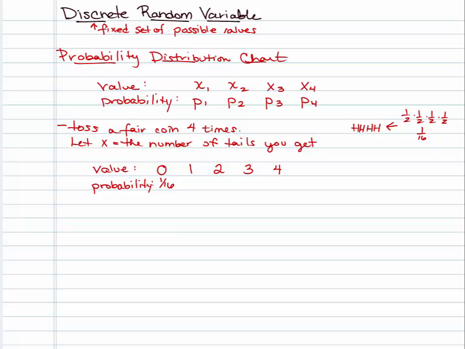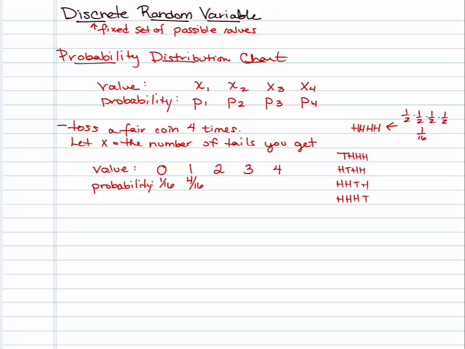Don't put percentages here, okay? Let's stick with numbers between 0 and 1, so fractions or decimals. The probability of getting 1 tail. So think about it. It could be tails and then 3 heads. It could be a head, a tail, and then 2 heads. It could be 2 heads, a tail, and a head. It could be head, head, head, and then a tail. So there's 4 different possibilities.